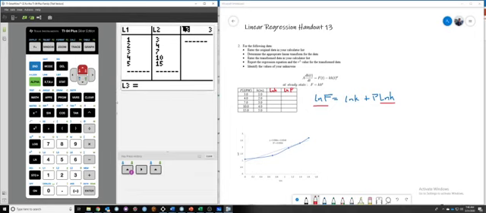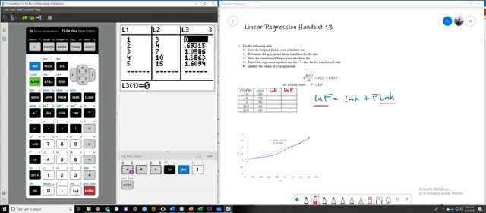So L3 is going to equal the natural log of L1, which is my second key and then number 1 here. I do that and hit enter, and I can see that it took the natural log of all of these values. That's the natural log of h that would go into this column here. You could just enter that in or copy it.